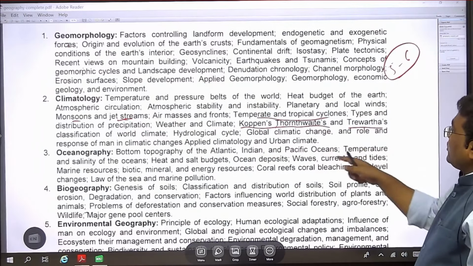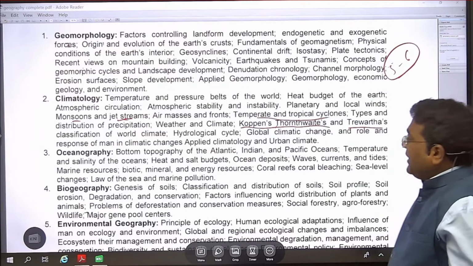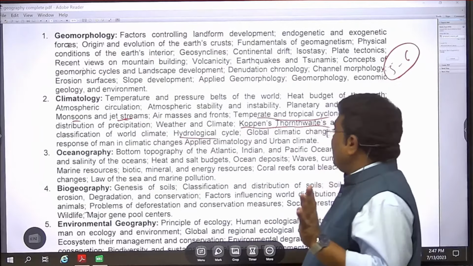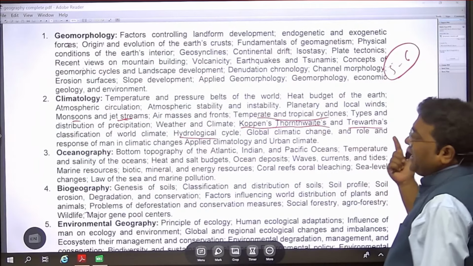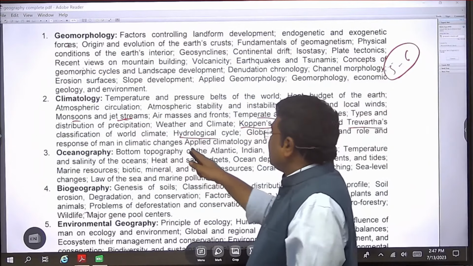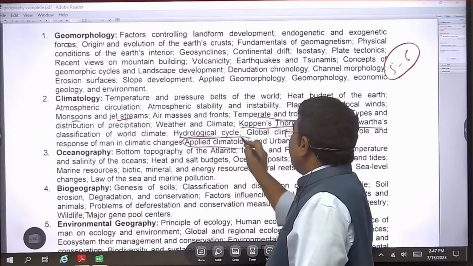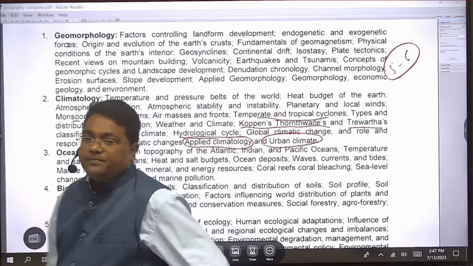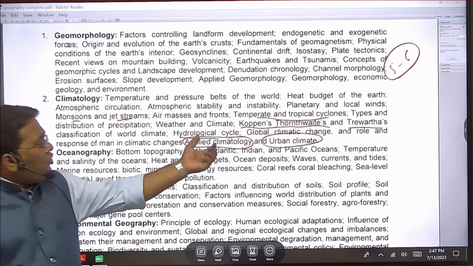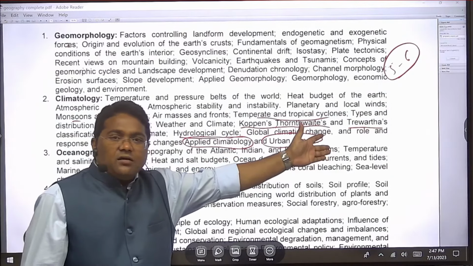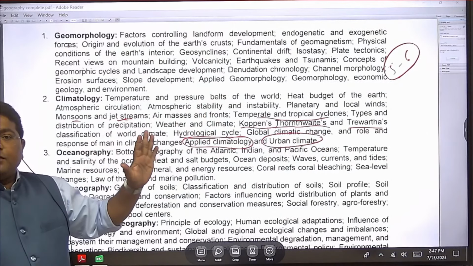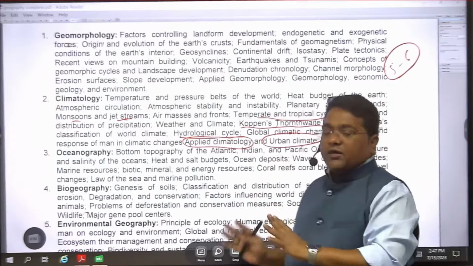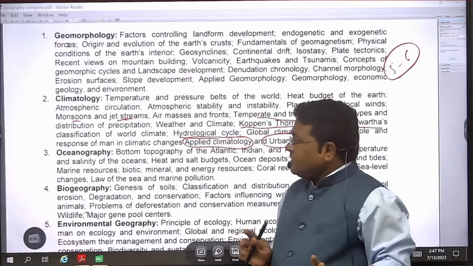Köppen, Thornthwaite and Trewartha classification, and the hydrological cycle you are reading in GS as well as in the optional also. Then global climate change and role and response of man in climatic changes, applied climatology, this is very, very important, and urban climate. Last year this came in GS as well as in the optional. So here only 2 to 3 topics are extra, but the others are the same. That's why if you are thorough with the GS part, then geography optional is very easy, right?